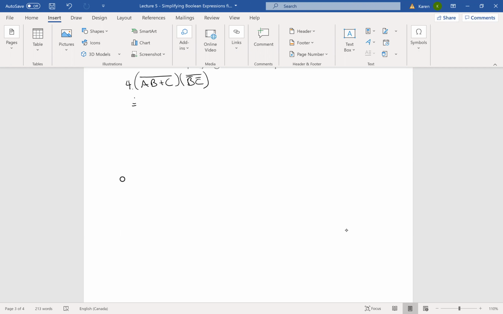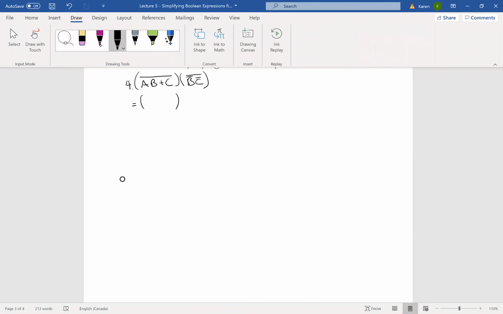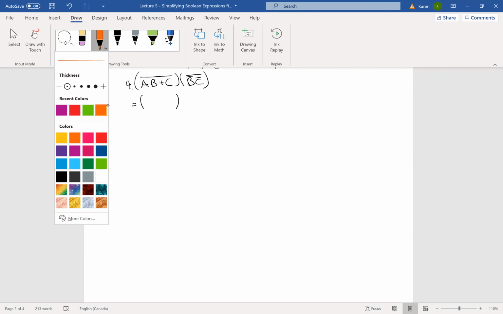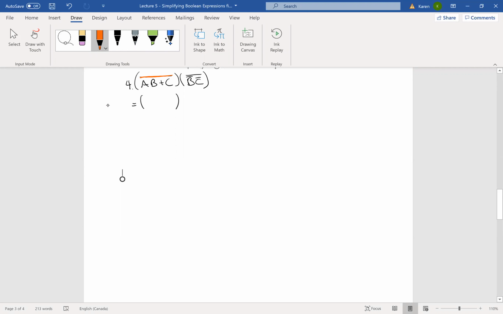What we see as outwardly apparent here is that we could use De Morgan's to break up this large inversion bar and this large inversion bar. So let's apply De Morgan's theorem 16 and 17 to these.